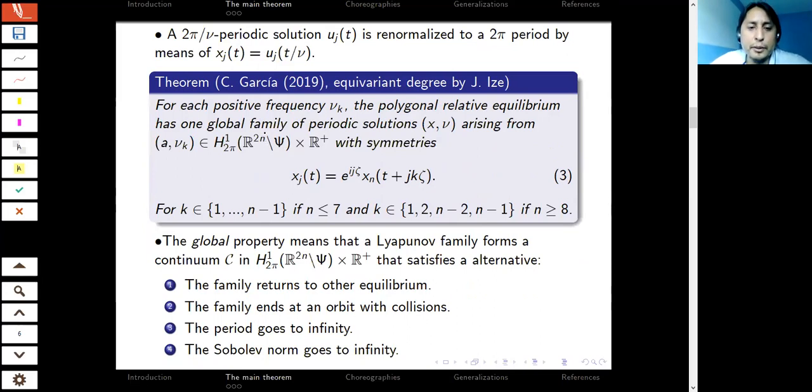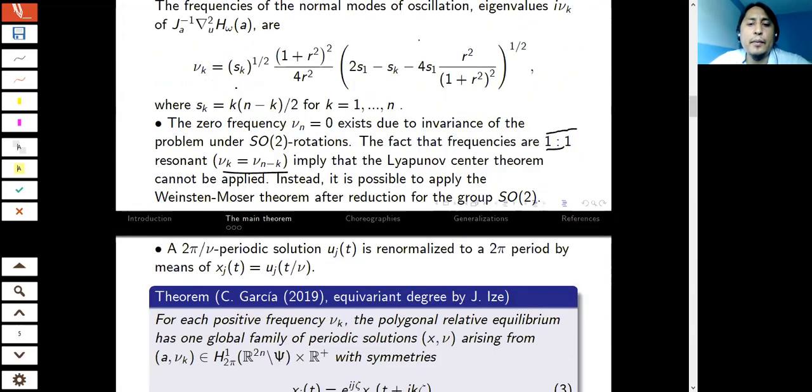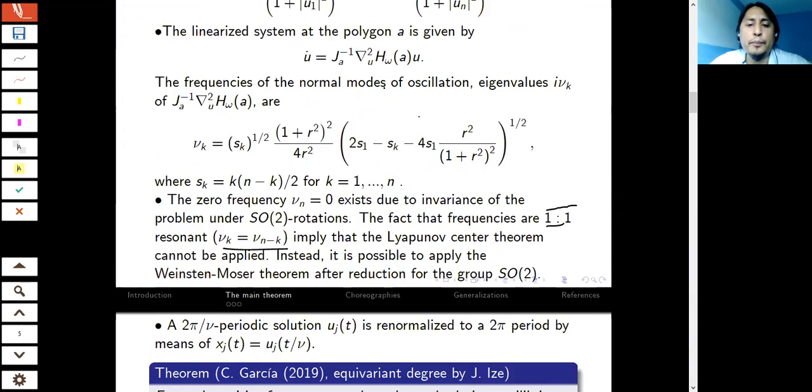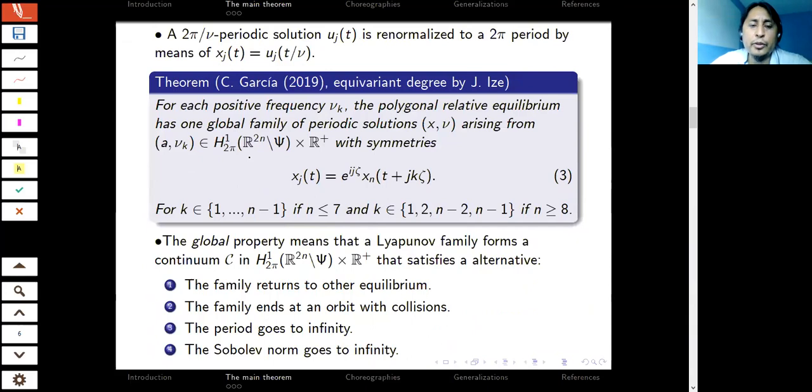In order to explain the main theorem, I want to find periodic solutions close to the polygon with these starting frequencies. But those periodic solutions for the nonlinear system really depend on the frequency most of the time. So in order to catch that dependence, I'm going to target a periodic solution which has period 2 pi over nu.